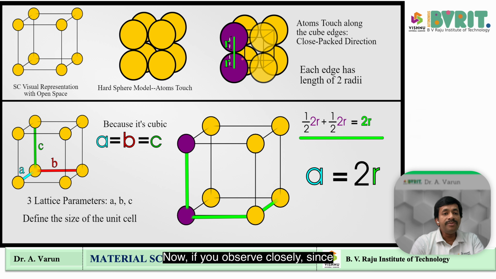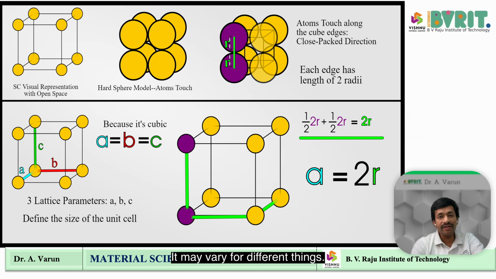If you observe closely, since atoms are touching along their edges, we can take this as half times 2r, half times 2r, so it is 2r straight away. So the relationship between a and r is a equals 2 times r. This is for simple cubic.